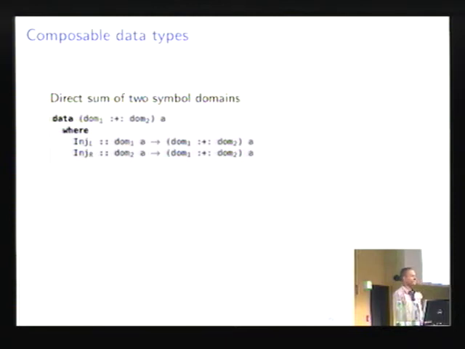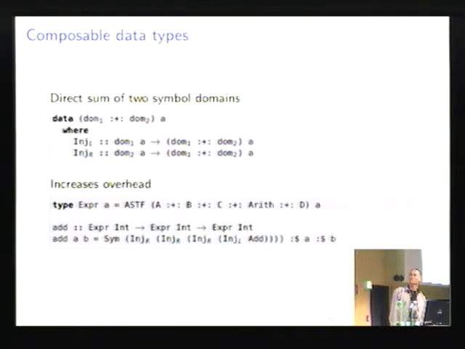So now let's see how to compose data types. And for that we use a type-level sum, which you might have seen before. What the plus does is to just combine two symbol domains, and we use inject left to introduce a symbol from the left domain, and inject right to introduce a symbol from the right domain.